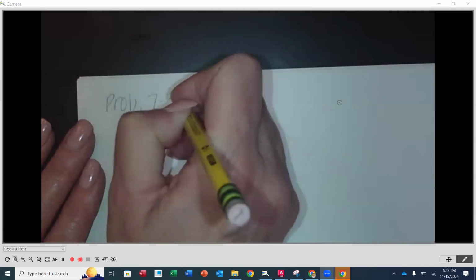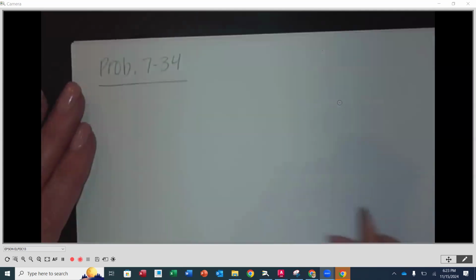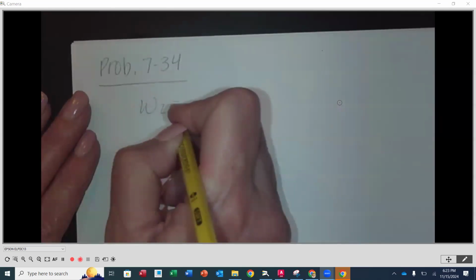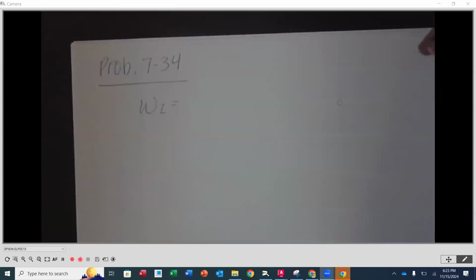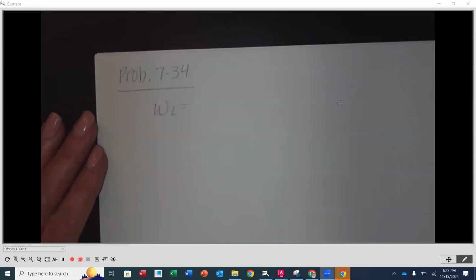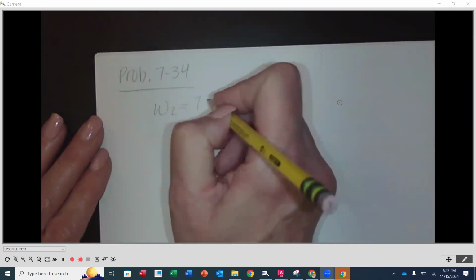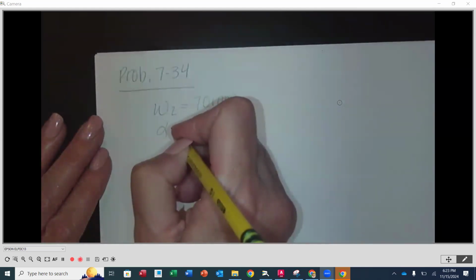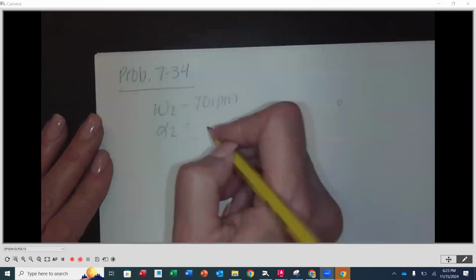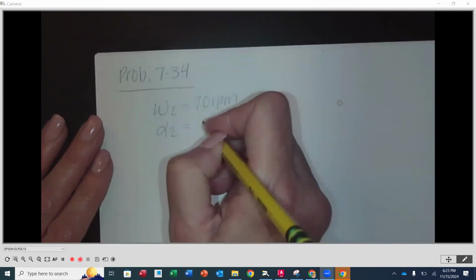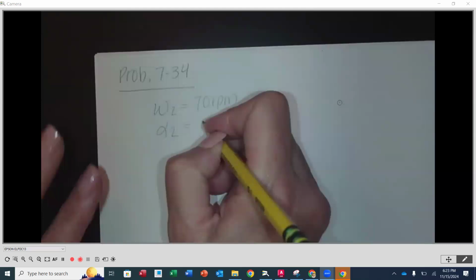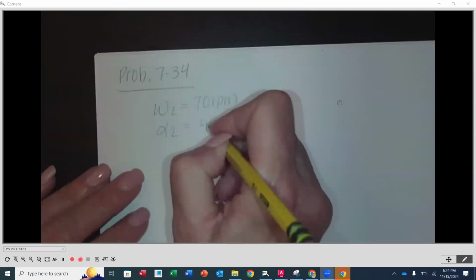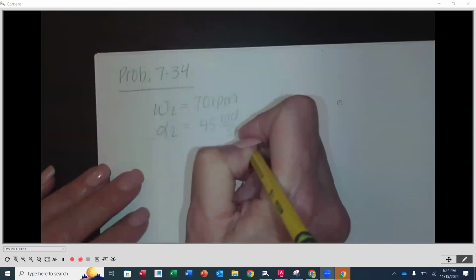So this is problem 734. Okay. So they're giving us the angular velocity of link number 2, which is the crank, and that is 70 RPMs. And our angular acceleration of that same link is 45 radians per second squared.